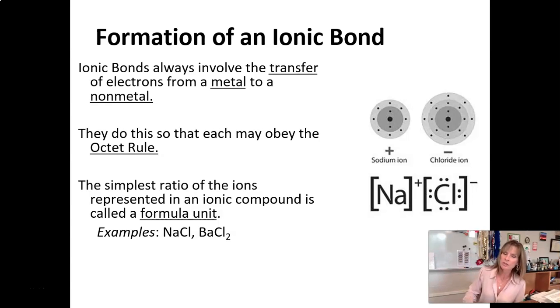The simplest ratio of ions represented in an ionic compound is called a formula unit. Here's a formula unit of sodium chloride. Here, I'm going to draw for you if I can keep my pen. I'm going to draw the Bohr model for you, and then I'll easily be able to show you what happens and why this actually works.